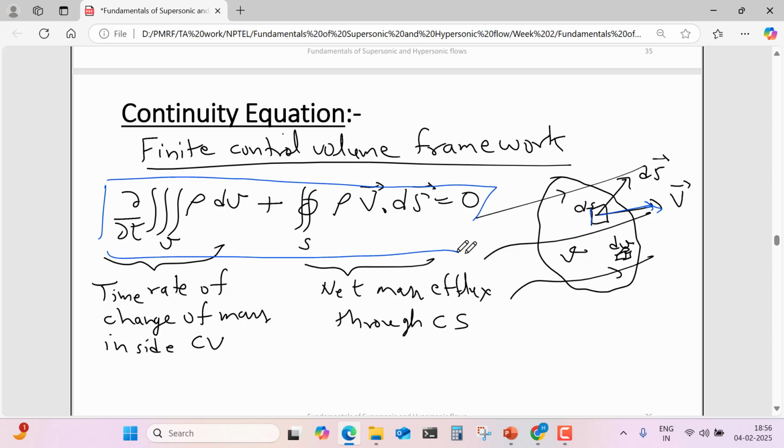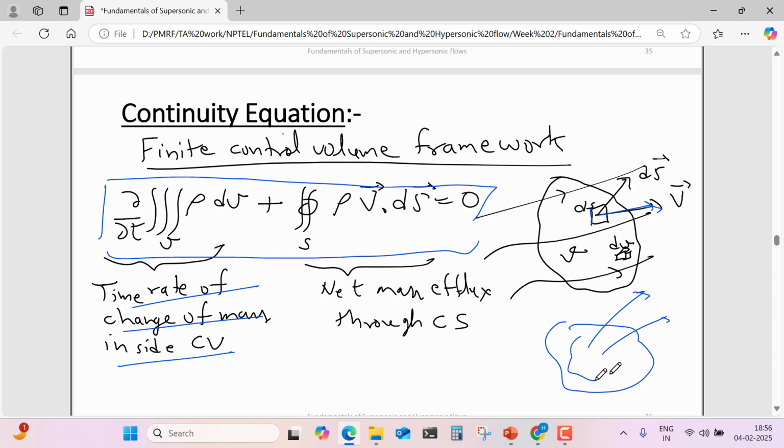In this equation there are two terms: dou by dou t of the triple integration rho dV, which is nothing but the time rate of change of mass inside the control volume, plus the double integration rho V dot dS, which is the net mass efflux through the control surface. So what is this telling? Whatever mass is thrown out of this control volume is equal to the mass generated inside the control volume.